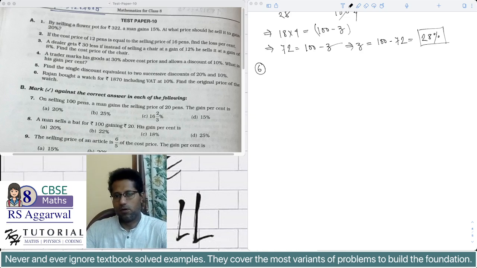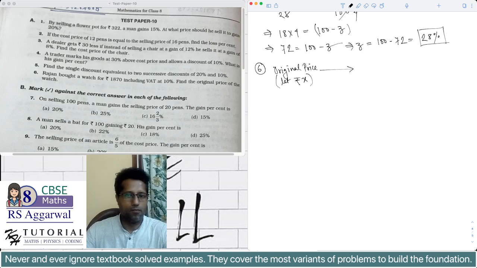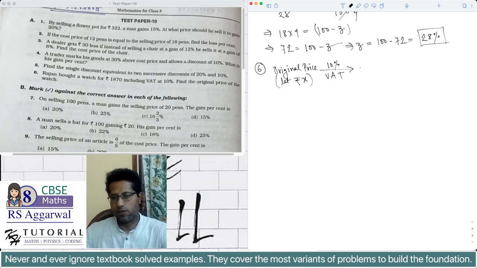Okay, so the scenario is, the original price, let it be rupees X, and there is a VAT of 10%, and we are having the final price, or the price that a customer has to pay to purchase the watch.